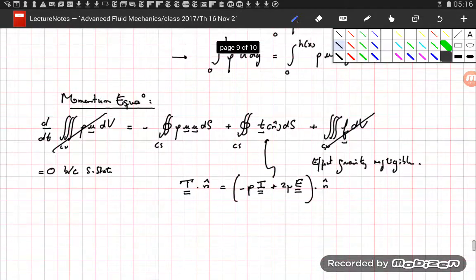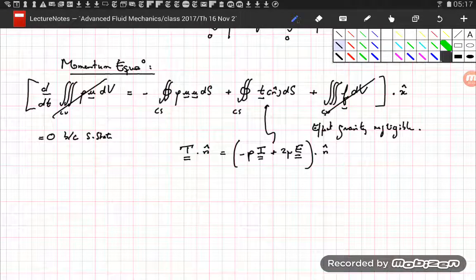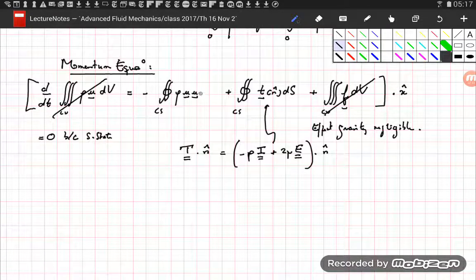So it makes sense to right away project this equation onto x and only consider the x component of the momentum equation. Now I just saw that I'm missing a term here, which is the dot n dS. This represents the volumetric flow rate, and so you are taking the volumetric flow rate of your momentum.